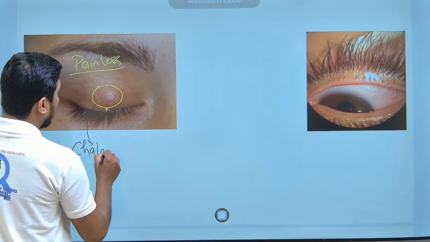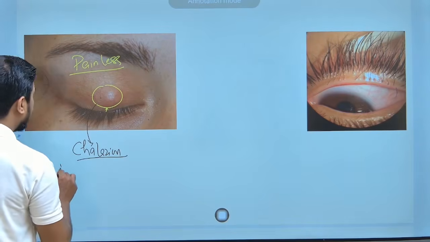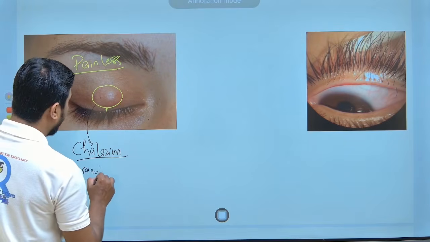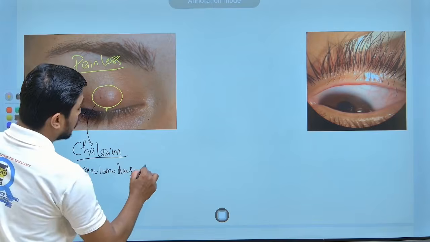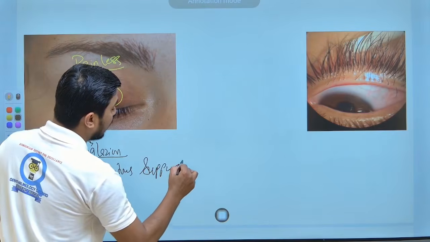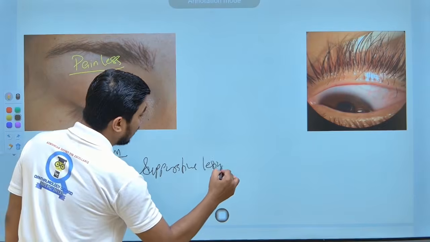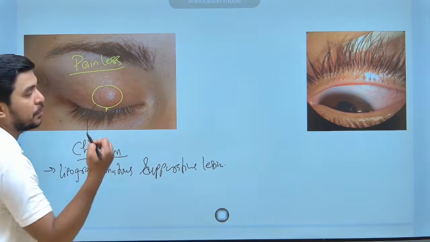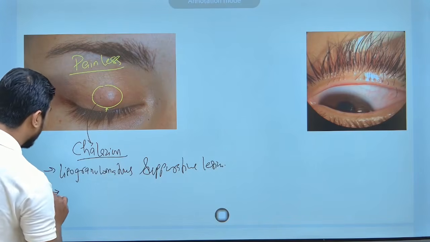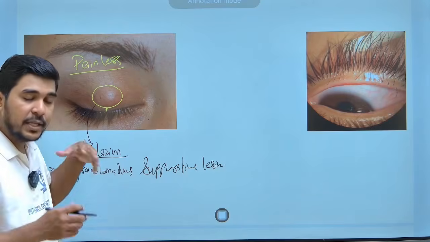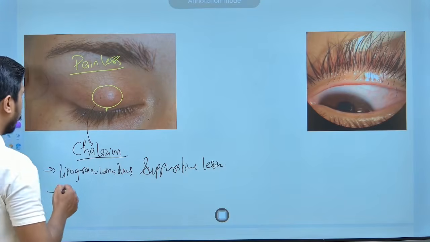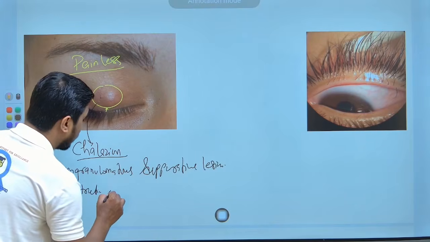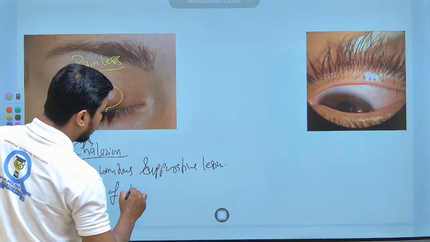Yes, Chalazion. Chalazion is nothing but a lipogranulomatous suppurative lesion. Lipogranulomatous suppurative lesion, right? This question has also been asked. Understood? What duct or gland is involved here? It is because of the obstruction of meibomian gland.